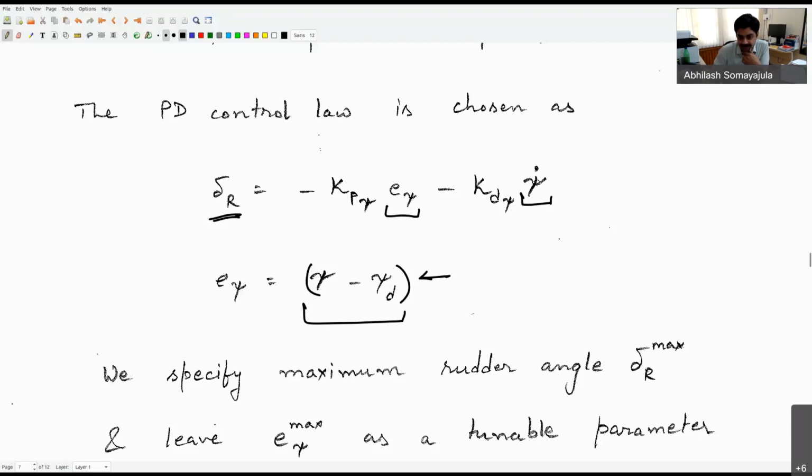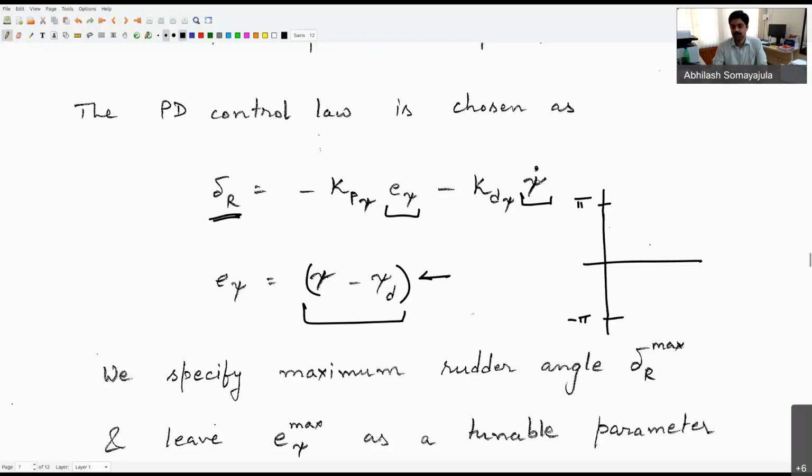Let us say that psi d is varying slowly. Let me see if I can draw this. This is minus pi, and this is pi.